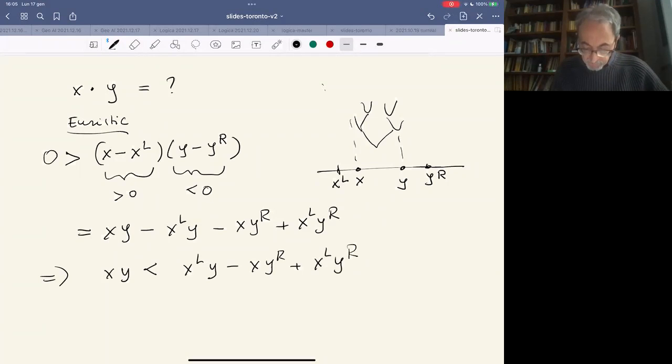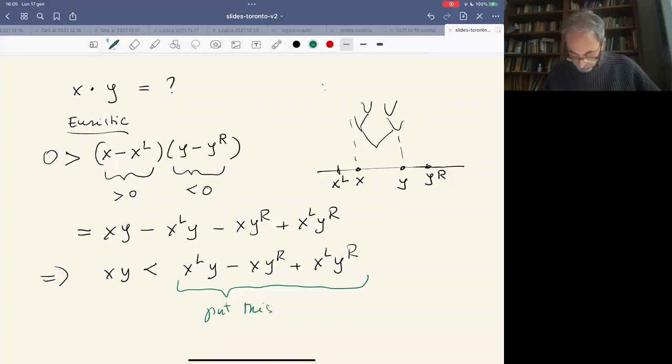So you decide, you put this in the official definition, you put this on the right options of XY.